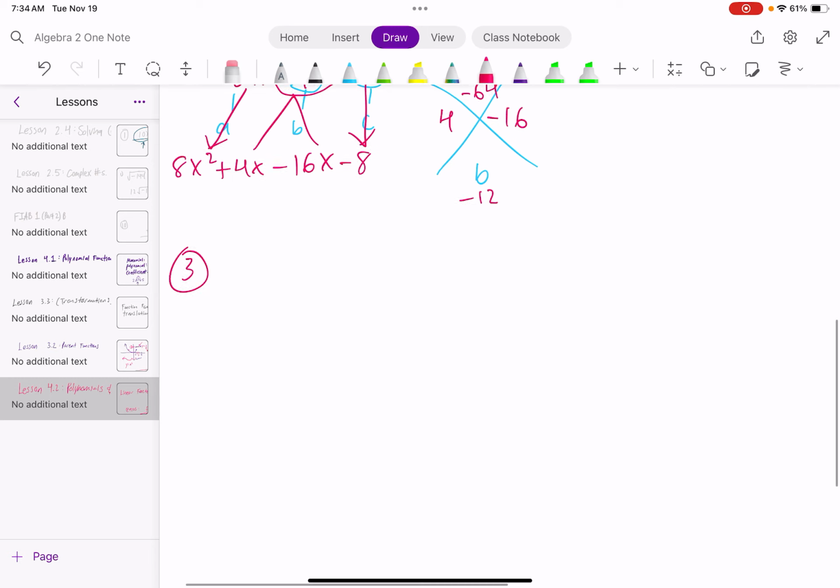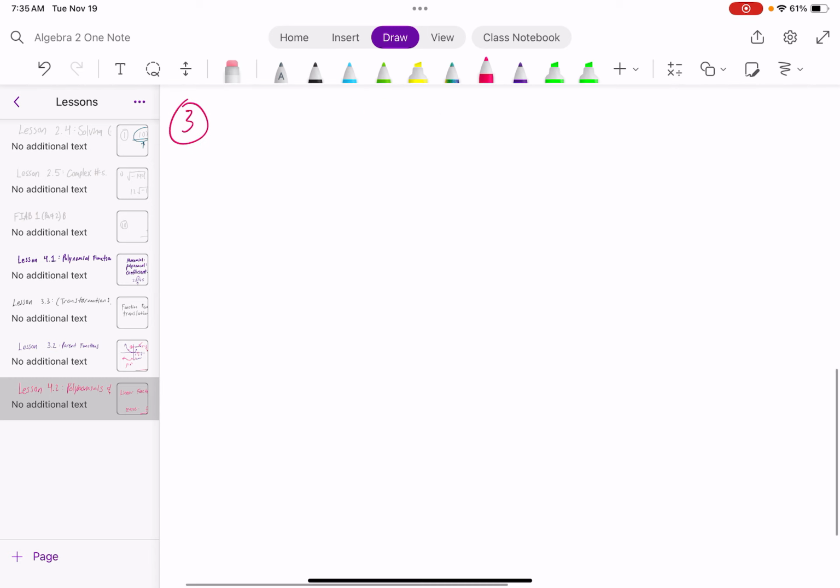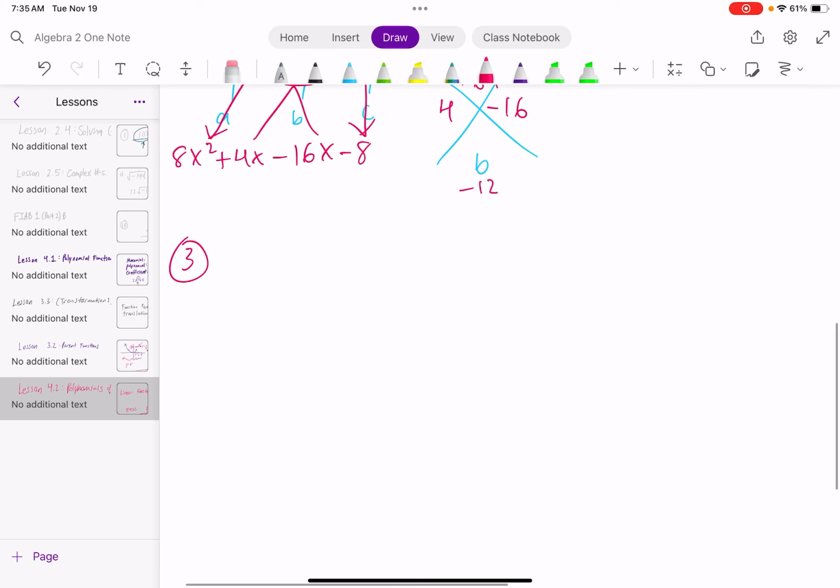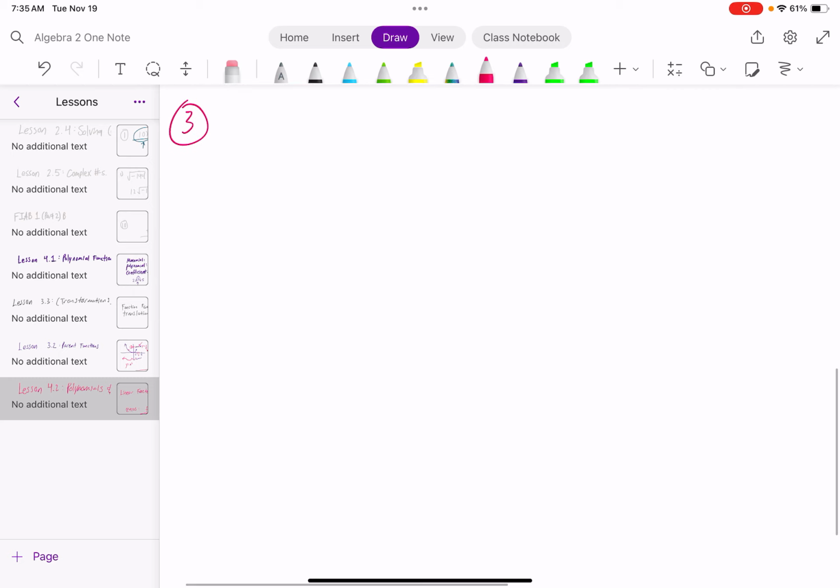Number 3. It says to write it in factor form. Okay, so this one's a little bit different. You have 6x cubed minus 15x squared minus 36x.